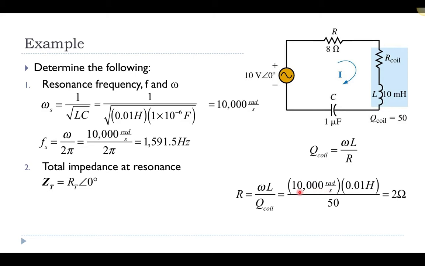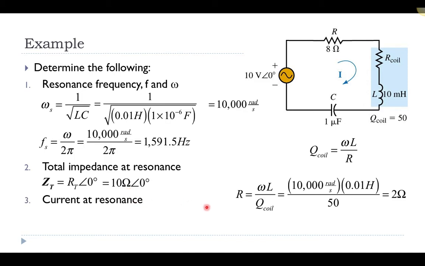So my resonance frequency was 10,000, my inductance is 0.01, and my quality factor for the coil was 50. If I put all those values in, I end up getting 2 ohms for the resistance of the coil, which means that my total resistance in the circuit would be 8 ohms plus 2 ohms, which gives me 10 ohms.